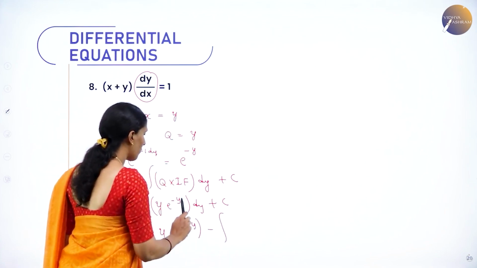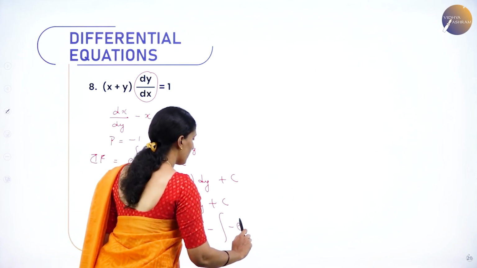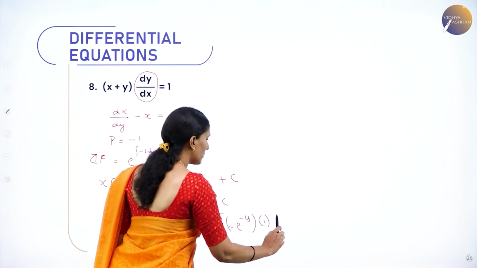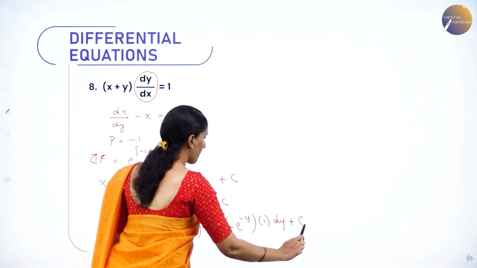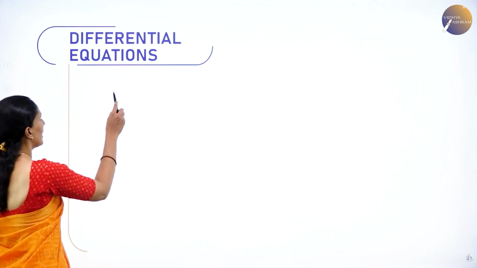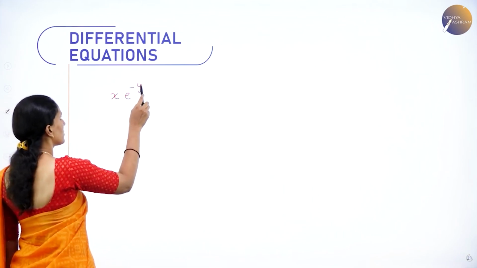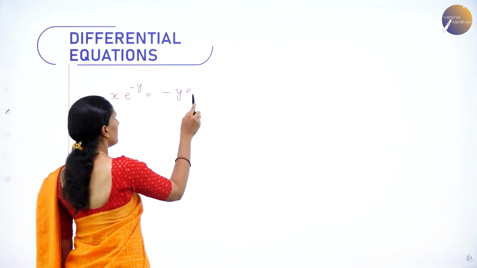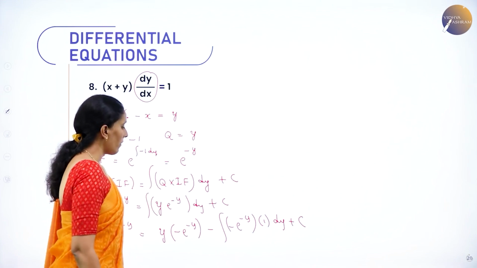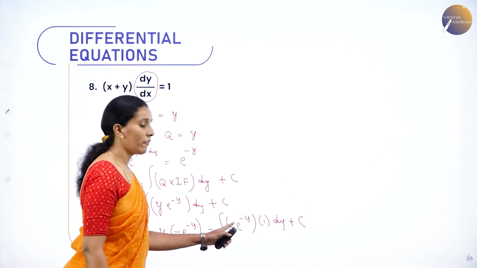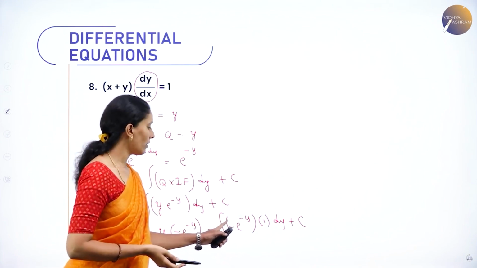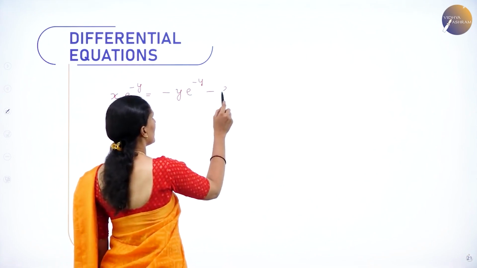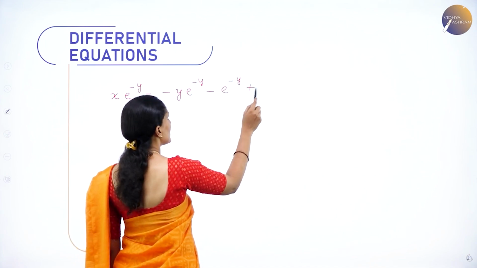Minus again the integral of e power minus y, which is minus e power minus y, and the derivative of y is 1, dy plus c. So x into e power minus y is equal to minus y e power minus y, minus e power minus y, plus c.